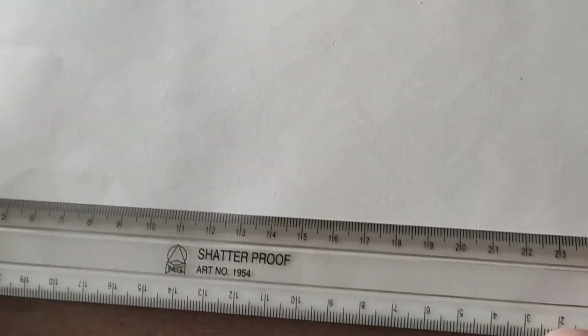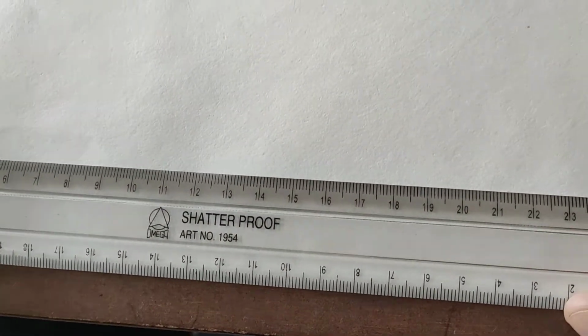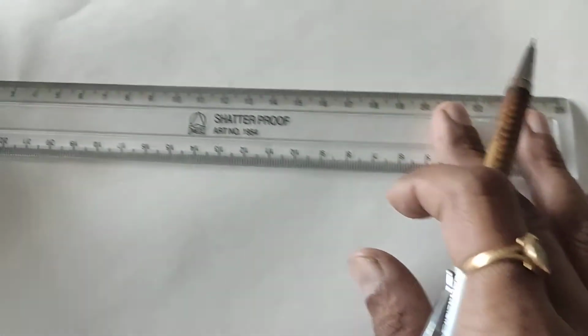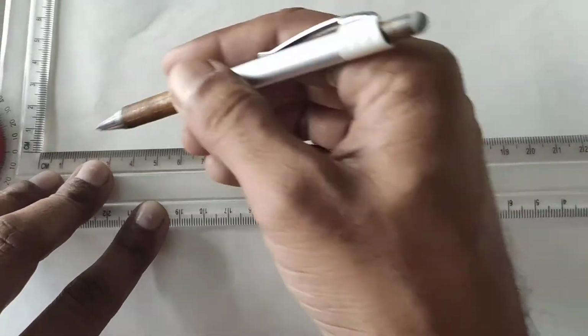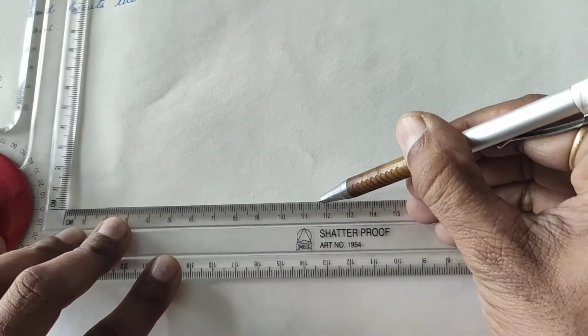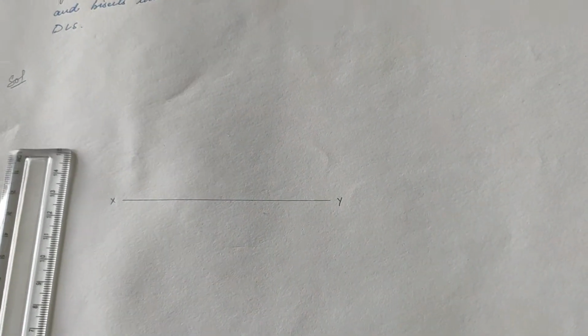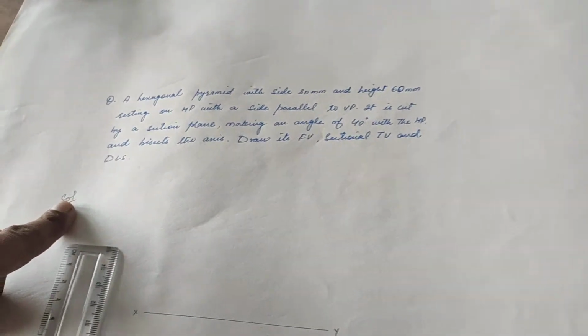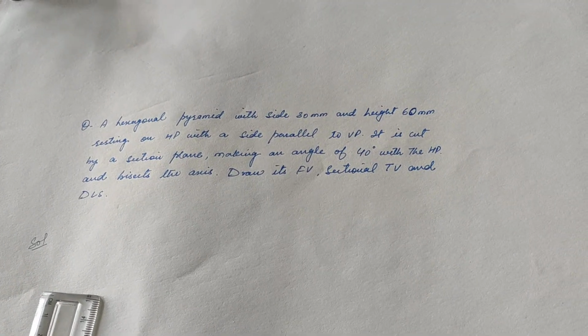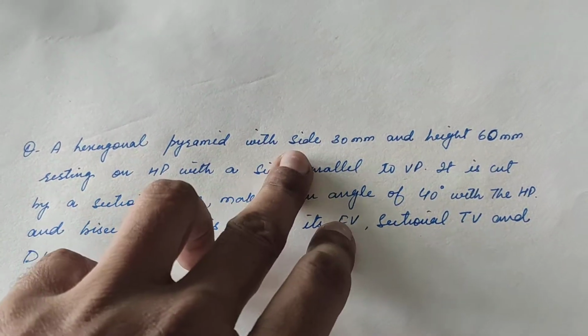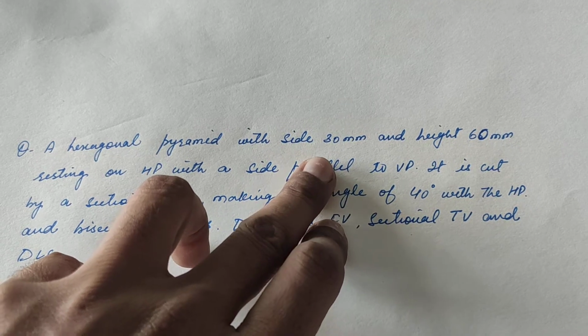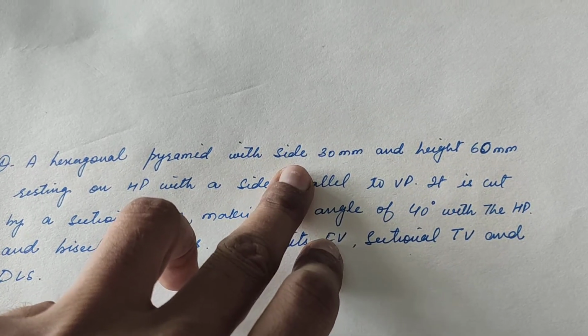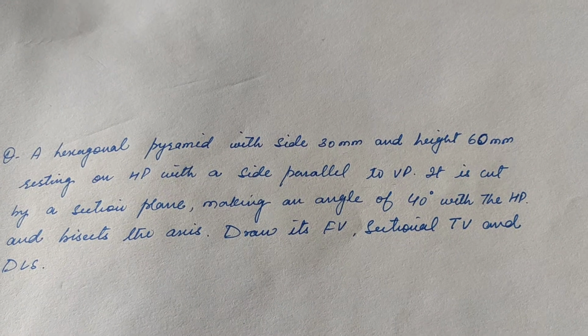First of all, compare your drafter with the drawing sheet and make it align. Draw the XY line. Then draw a circle having a radius equal to 30 mm, which is equal to the side of the base of the pyramid.